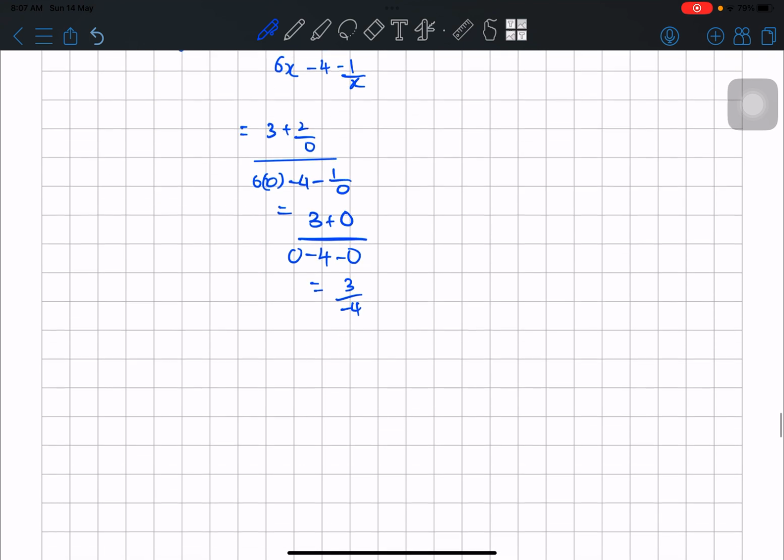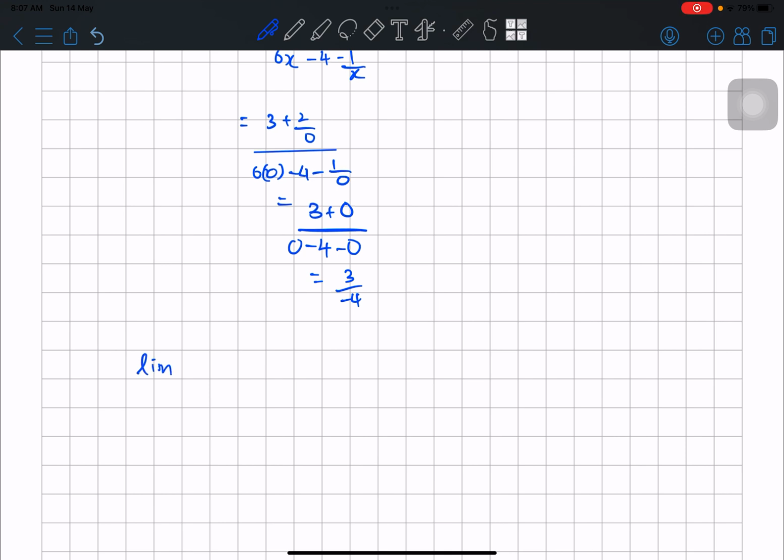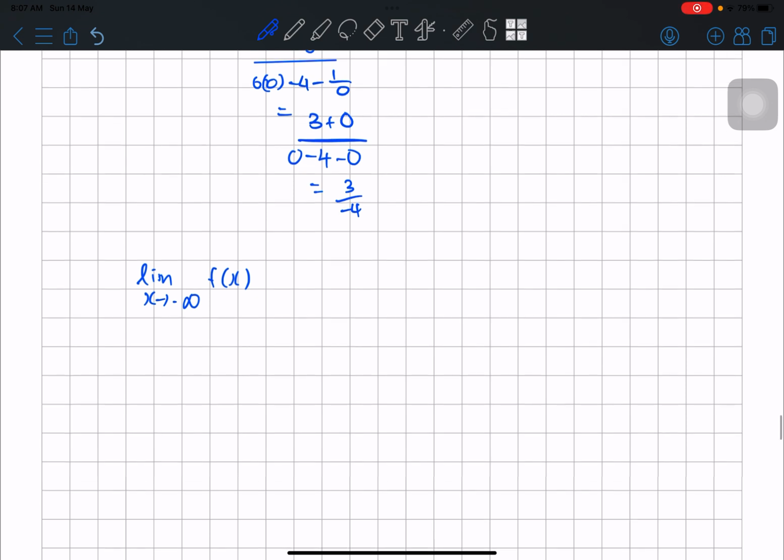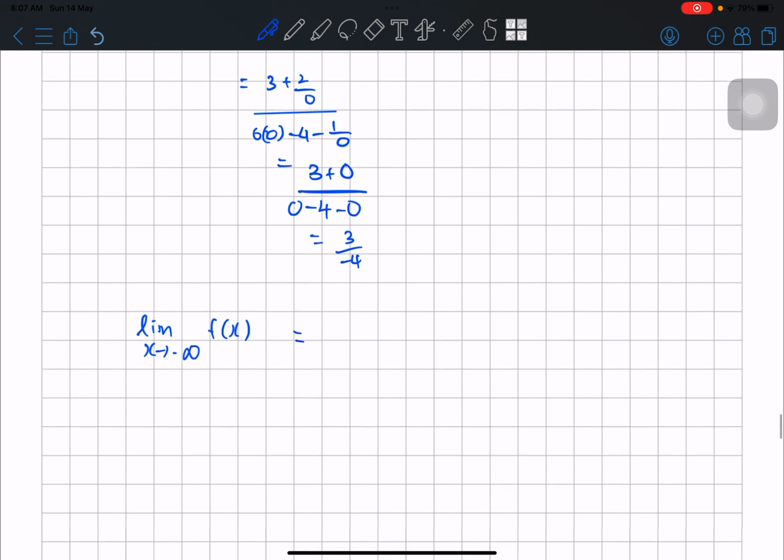The result is negative 4. And then you do the same thing for negative infinity. The outcome will be the same.